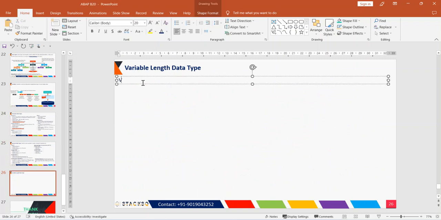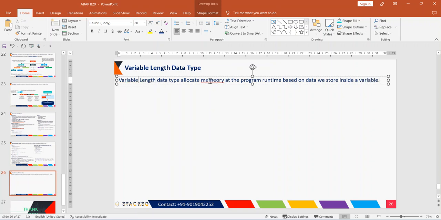So variable length data types allocate memory at the program runtime based on the data we store inside the variable.